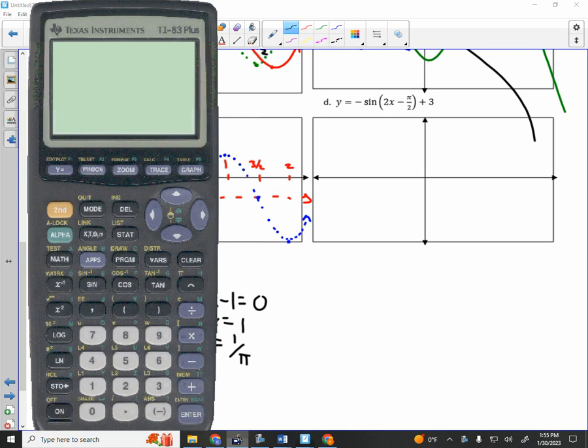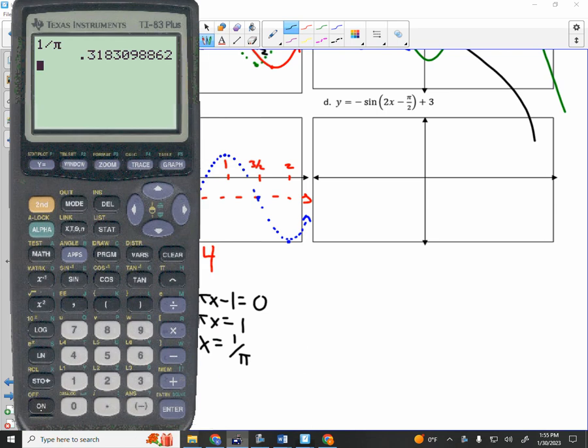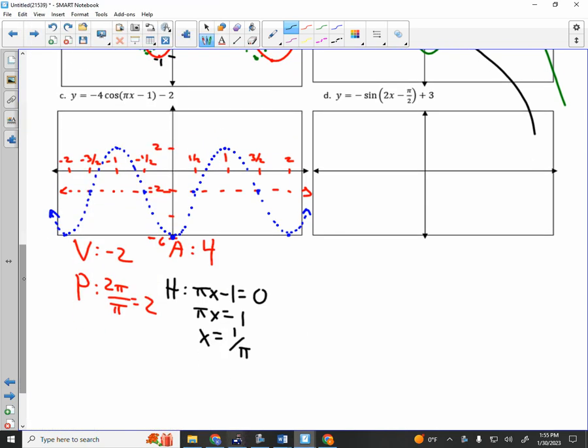If I go to my calculator and take 1 divided by pi, I get 0.32. So 1 over pi is 0.32. How much does 0.32 compare to a tick mark? It's a little bit more than half of a tick mark, isn't it? So I'm going to move it just a little bit more than half of a tick mark to the right.